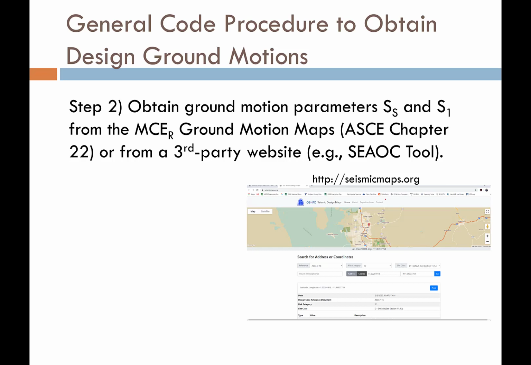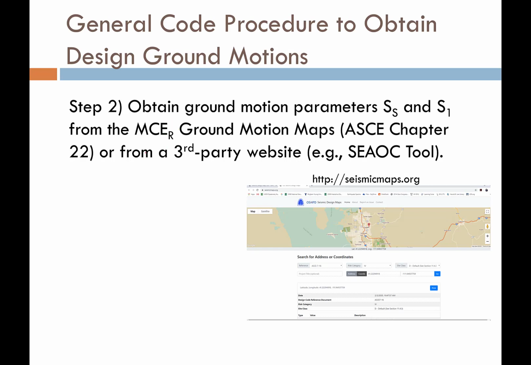Okay, step number 2, you need to obtain your ground motion parameters S sub S and S sub 1 from the MCER ground motion maps. In the old days, you used to be able to just go and get the uniform hazard MCE ground motions from the maps and you were good. But now it has to be modified for your risk targeted stuff.